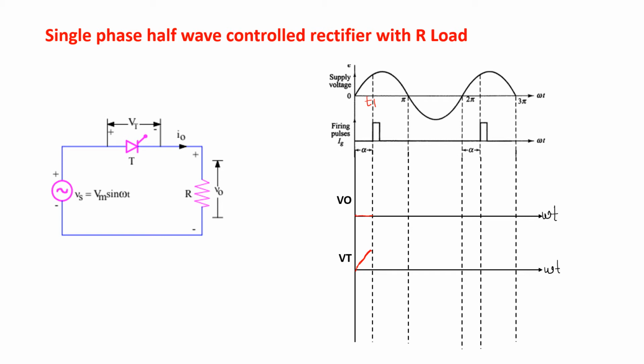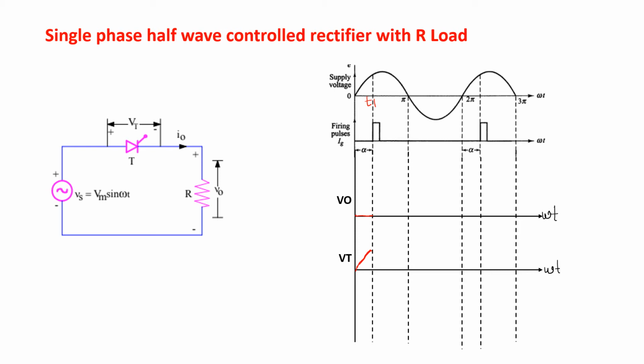Now at instant T1 we apply the gate pulse. After application of the gate pulse, the SCR will start to conduct. It will act as a closed switch, so current will flow through the circuit. Since there is current, we get the output voltage, which is exactly equal to the supply voltage. As the input voltage changes, the output voltage also changes.